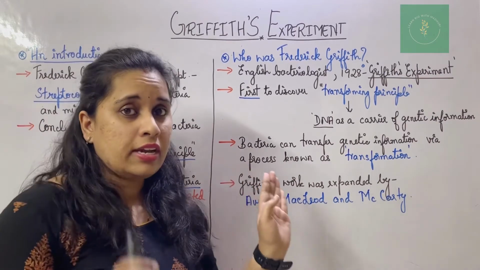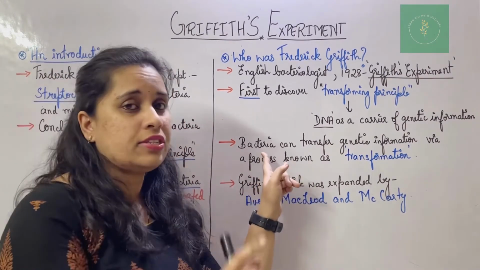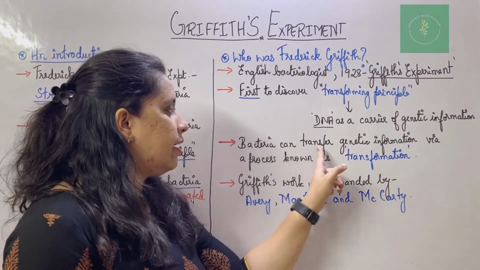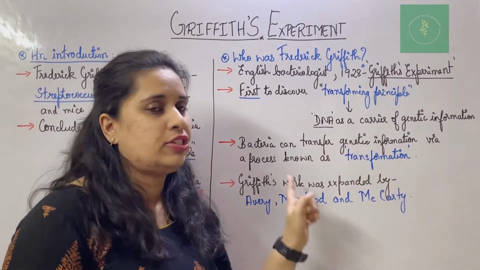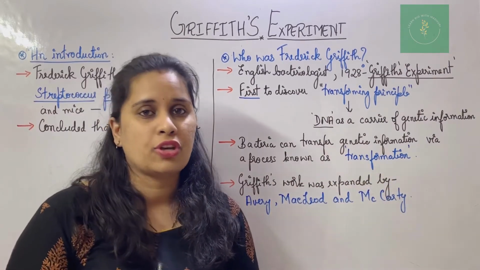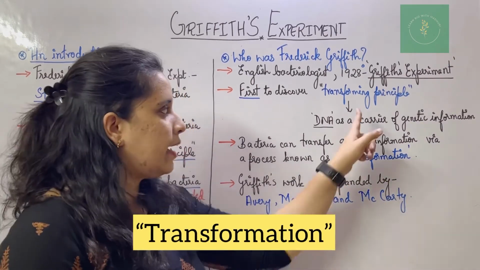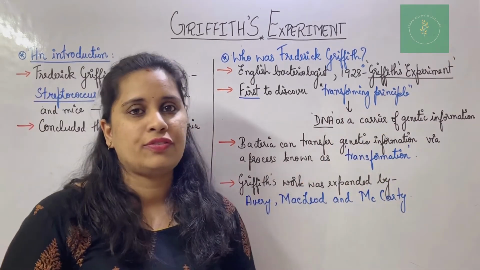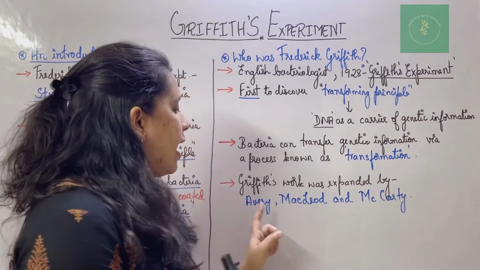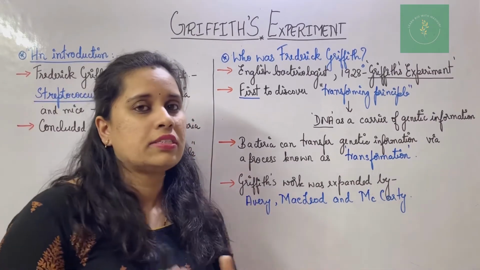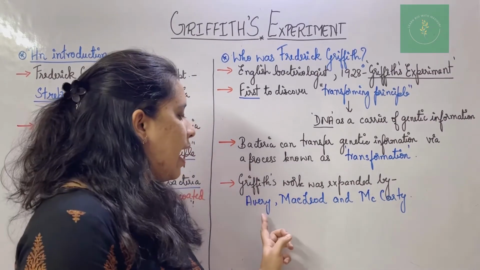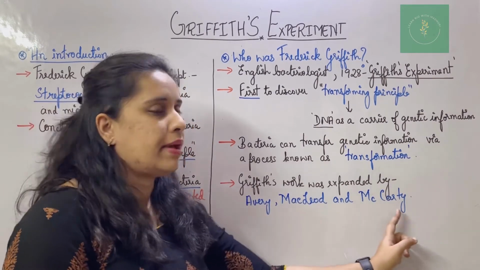He also concluded that through his discovery, bacteria can transfer genetic information via a process which is called transformation. That is why this principle is called the transforming principle. And Griffith's work was expanded by Avery, MacLeod and McCarty.